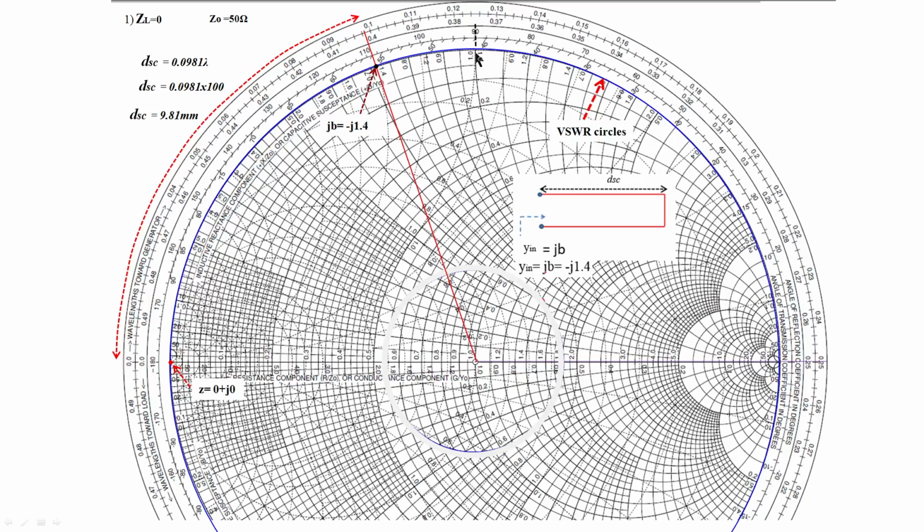For example, for reactance equal to plus 1, I should stop here and measure the distance from here to here. If I want minus 1, I should not stop here; I should go on and come somewhere below, and measure the distance again up to this negative value. Like that, reactance values can also be implemented using a short stub.